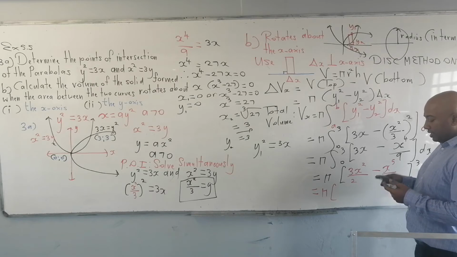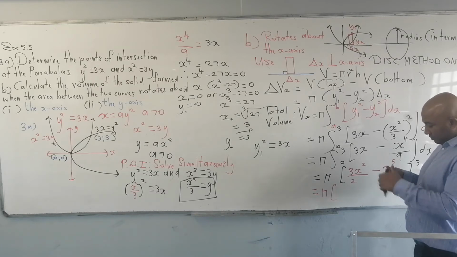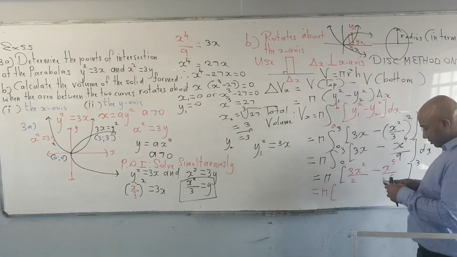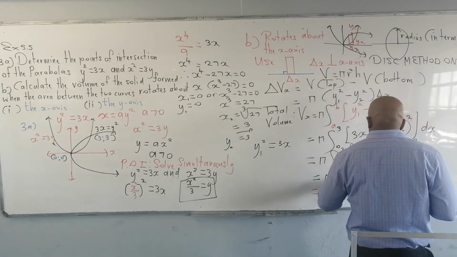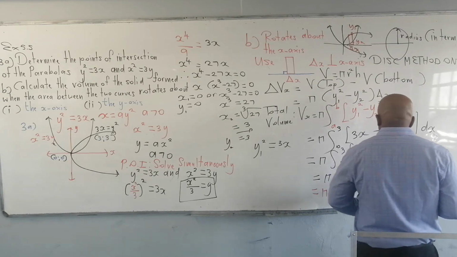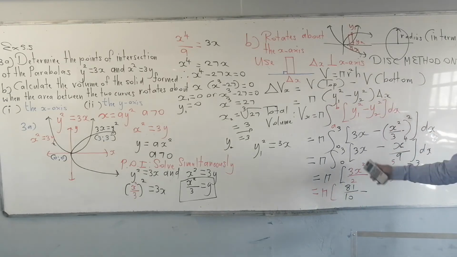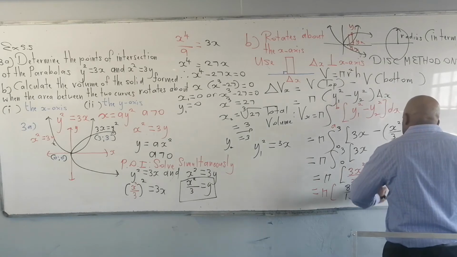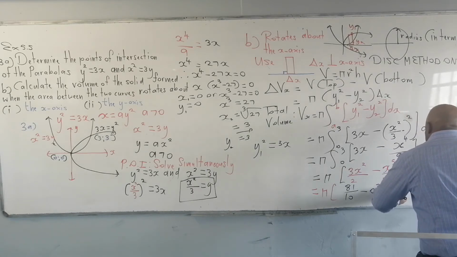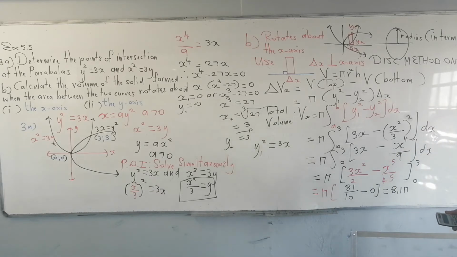Substituting 3, I get 81 over 10, minus, well, if you substitute 0 here, you can see it will be 0. So basically it's 81 pi over 10, which is equal to 25,447 units to the power 3.